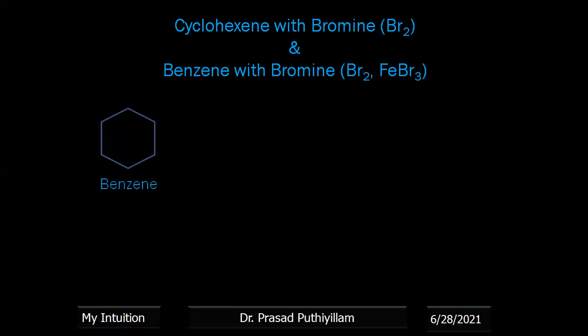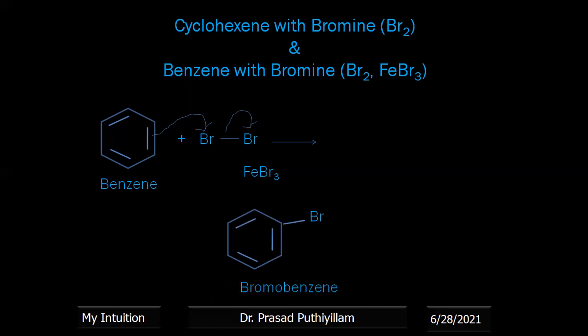So aromatic compounds, say benzene, when reacting with bromine in presence of ferric bromide, give bromobenzene. It is actually a substitution reaction, not the addition reaction given by alkenes. Here one of the hydrogens present in this position is replaced by Br, and the side products will be HBr as well as FeBr3, which we will get back.